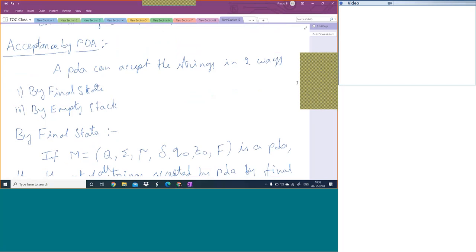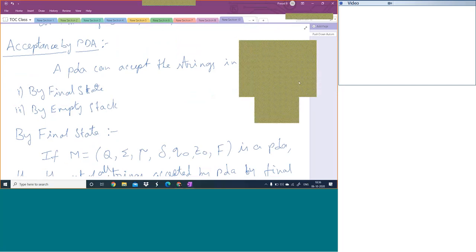Now tell me, how do you say a string is accepted by finite automata? Kiran, how do you say that a string is accepted by finite automata? Rishikesh, you can use your mic.